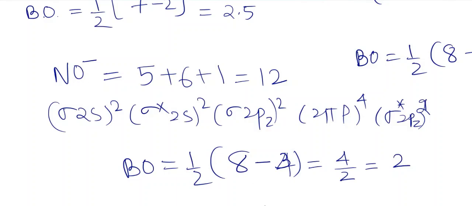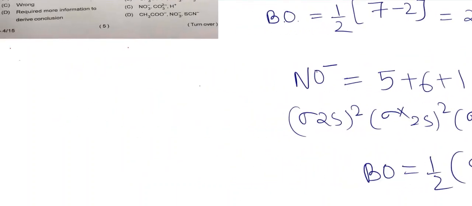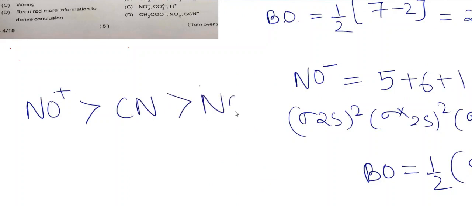So the highest bond order is for NO plus, so I will write here the stability order. NO plus has the highest bond order, so I write first NO plus, then comes cyanide, then NO minus.